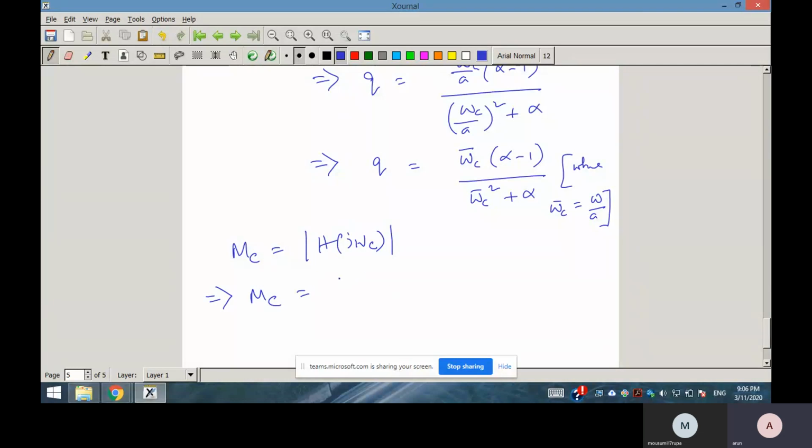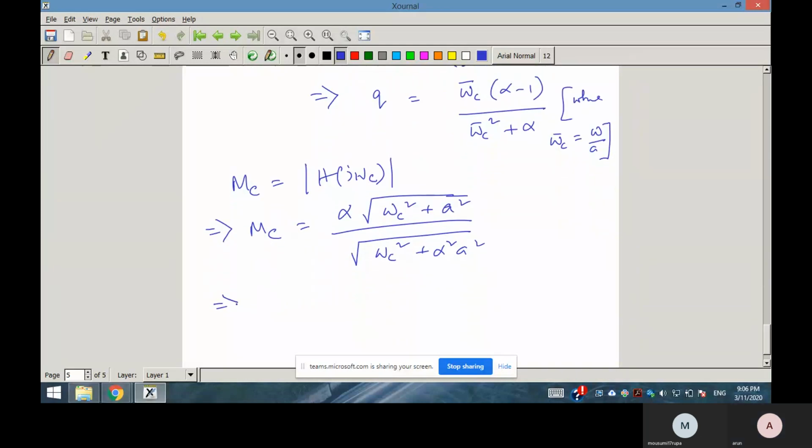Mod of G(j omega c) is alpha into root under omega c square plus A square divided by root under omega c square plus alpha square A square. This you can write like this: Mc equal to alpha into root under omega c bar square plus A square... divided by root under omega c bar square plus alpha square.